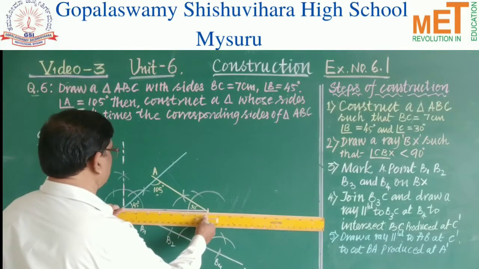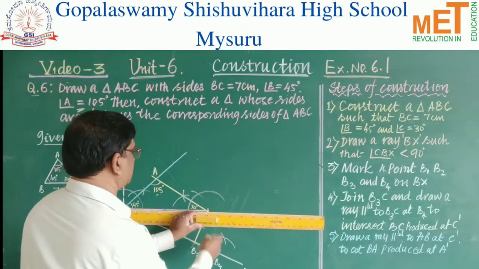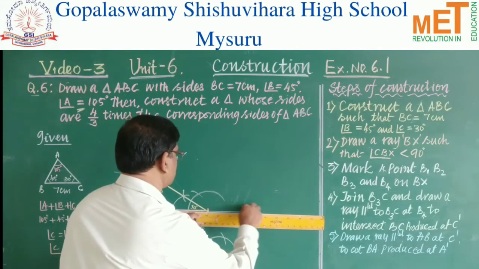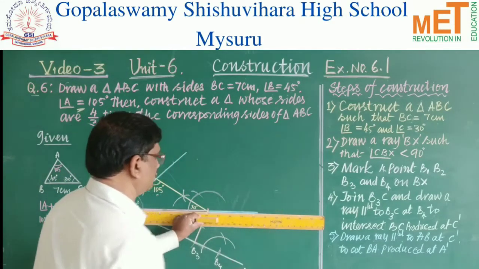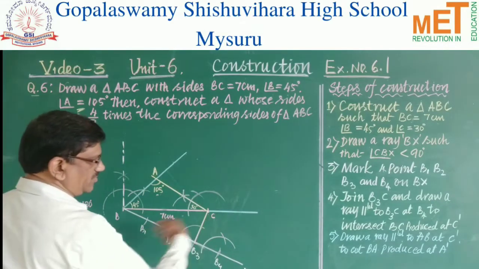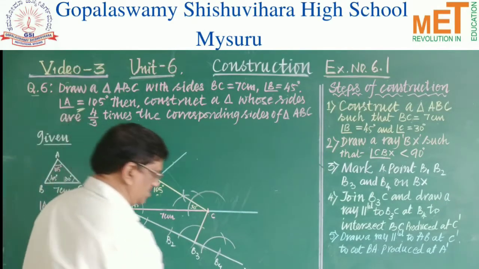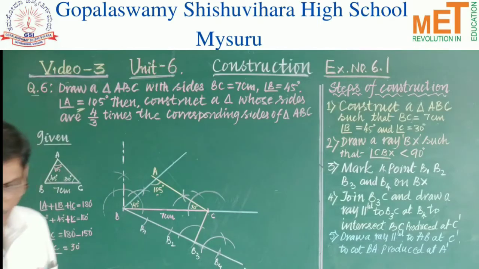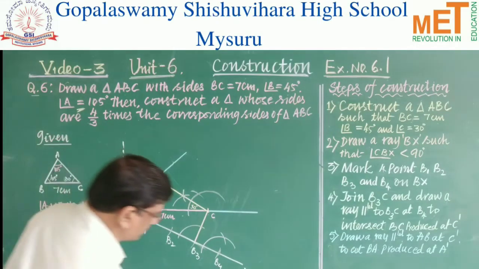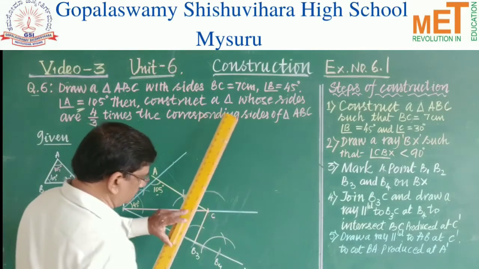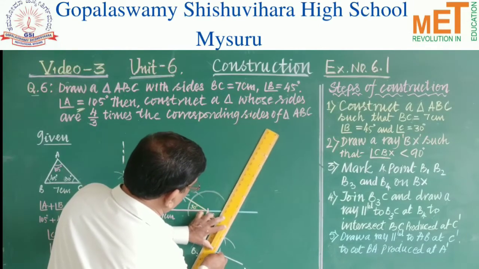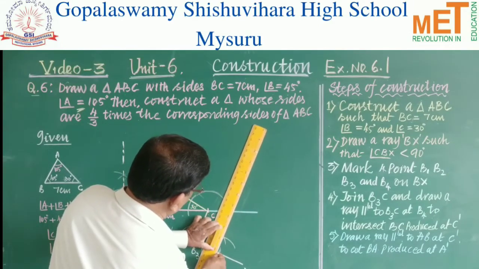Produce BC to some extent. I am producing this, you see here, to make it understood, I have taken a new color. So now what we have to do now? We have to join B4 and point of intersection.